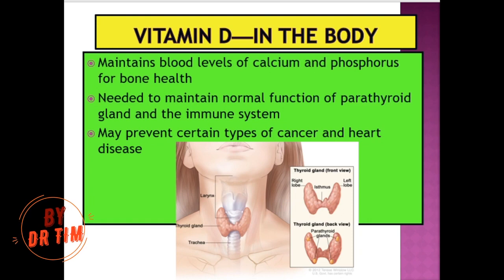Vitamin D has the capability of acting in an autocrine manner in a local immunologic milieu. Vitamin D can modulate the innate and also adaptive immune response. So this is the importance of vitamin D for our immune system.